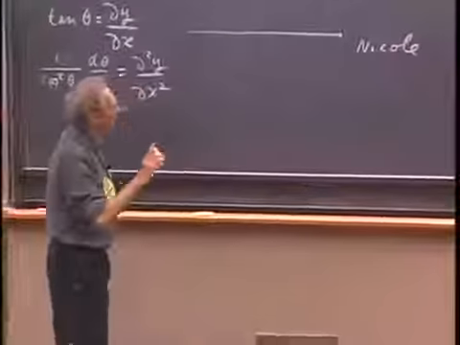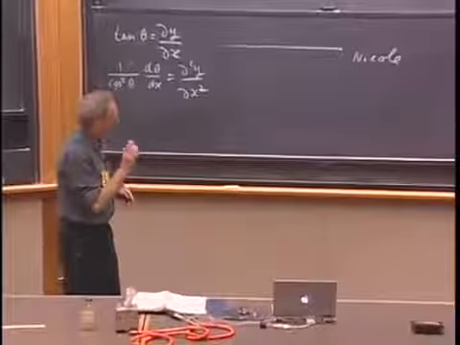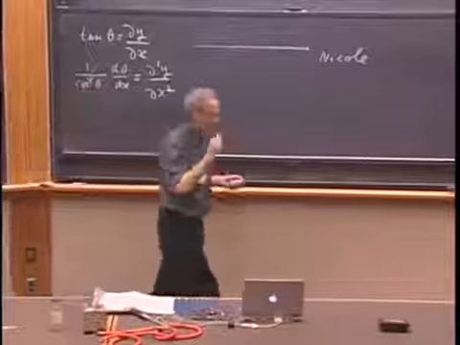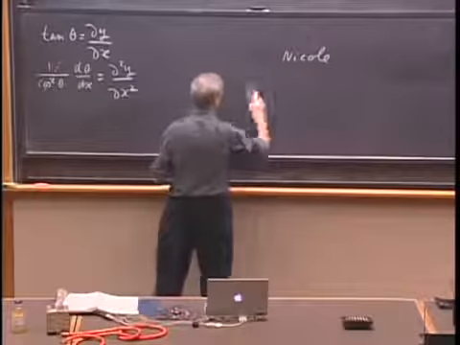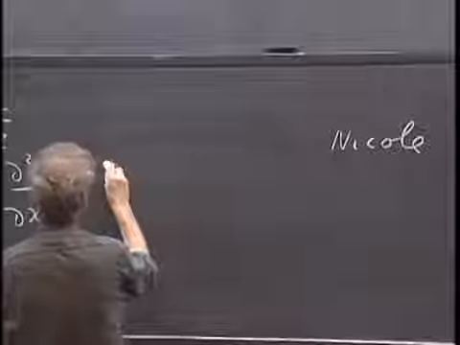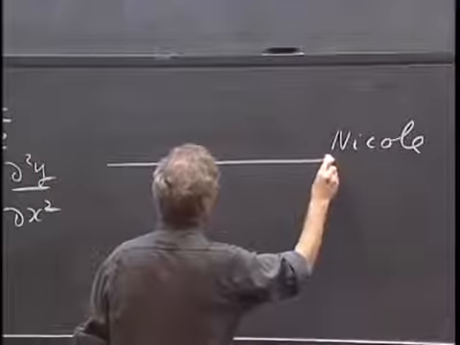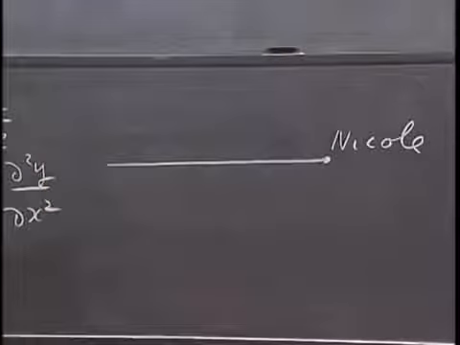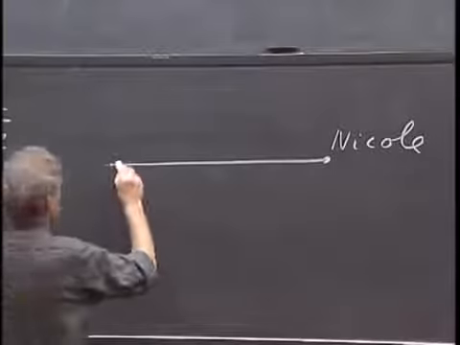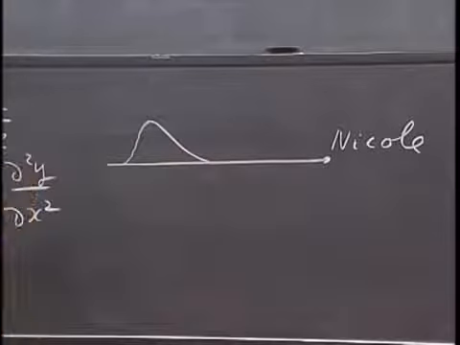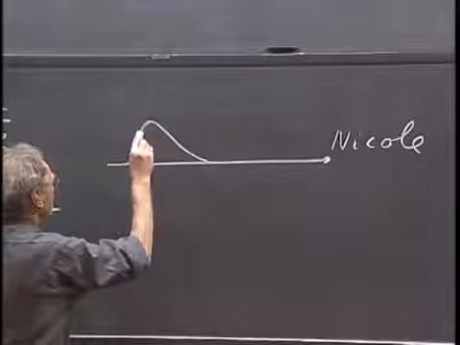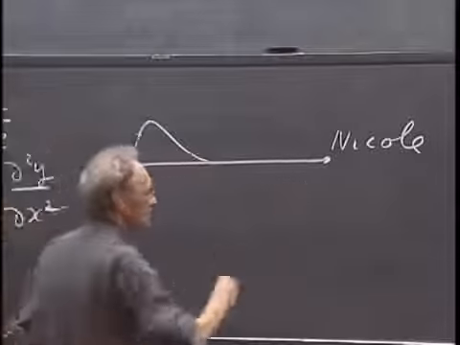And we know that that end must stay fixed, cannot move. I'll put the line a little lower. I'll put it here. This is the end. And my pulse came in. This is the pulse. And let us evaluate the moment in time that this part of the pulse reaches Nicole.